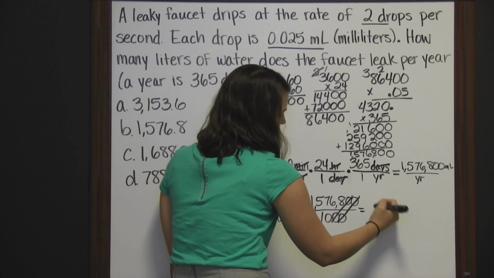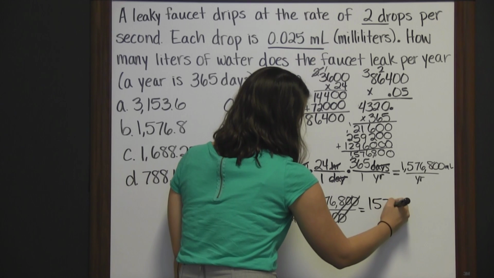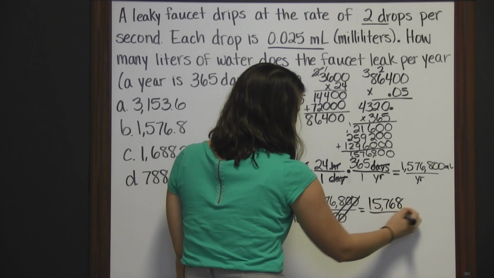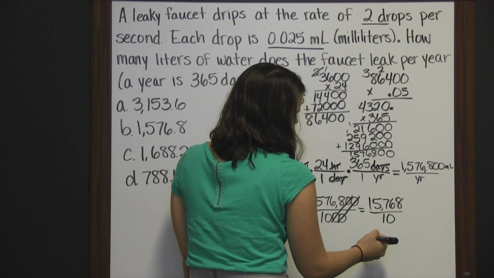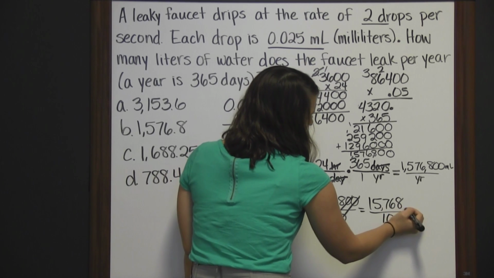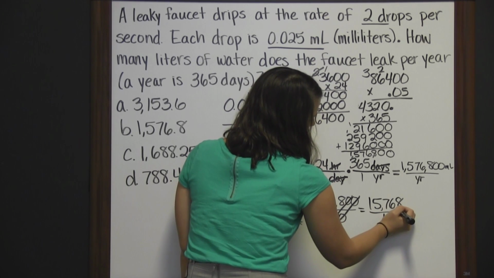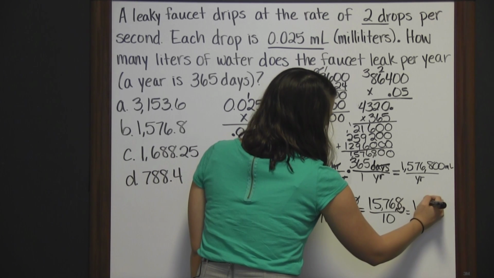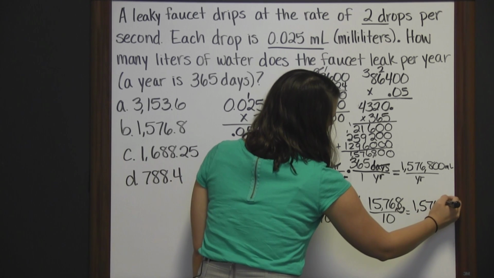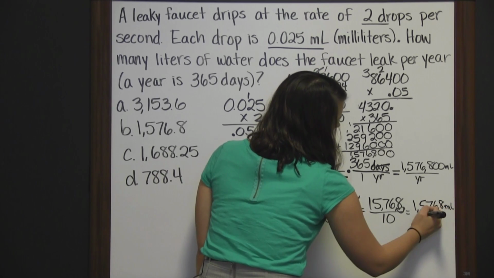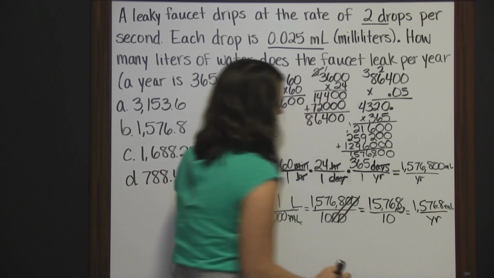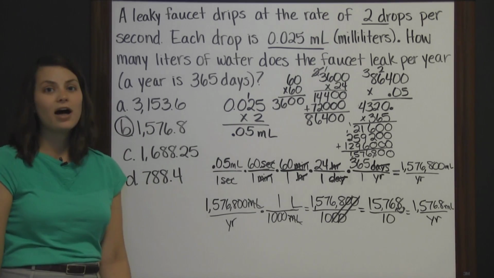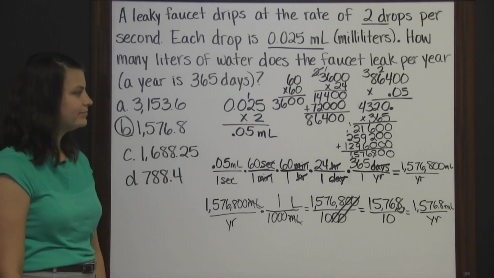So what we have after we cancel our zeros is 15,768 divided by 10. And when we divide by 10, that just means to take your decimal and move it 1 place to the left. So that's 1,576.8 liters per year, which is answer choice B. So a lot of converting on this one.